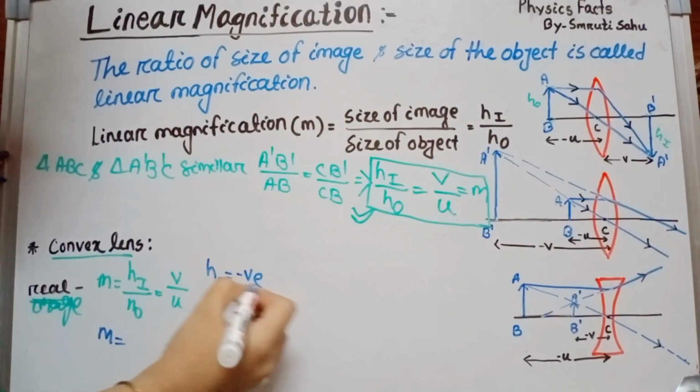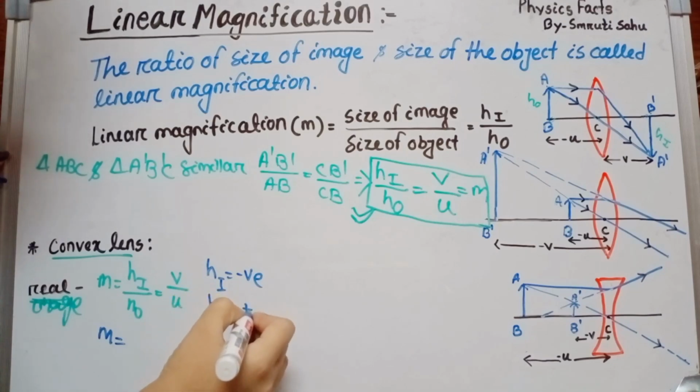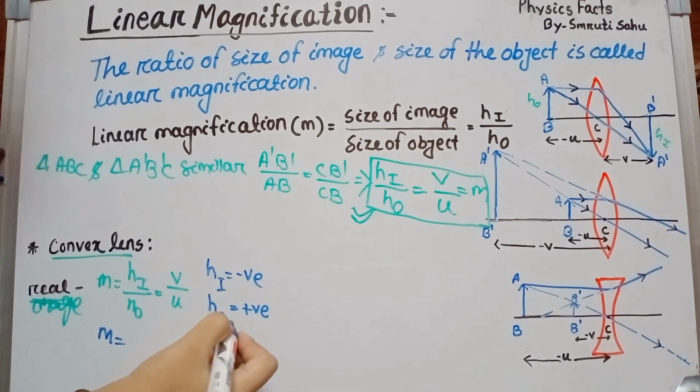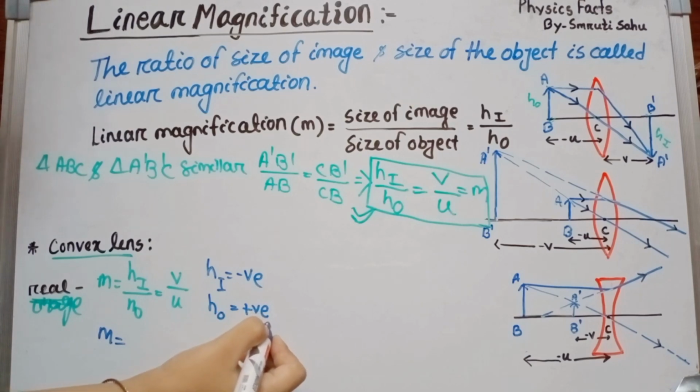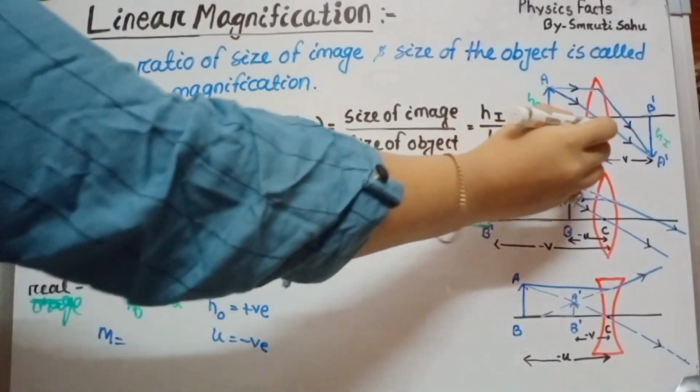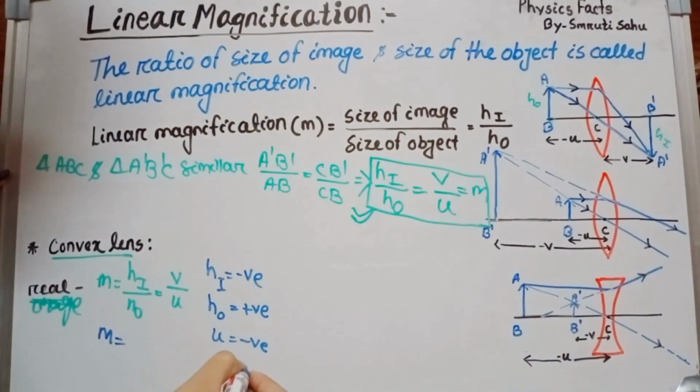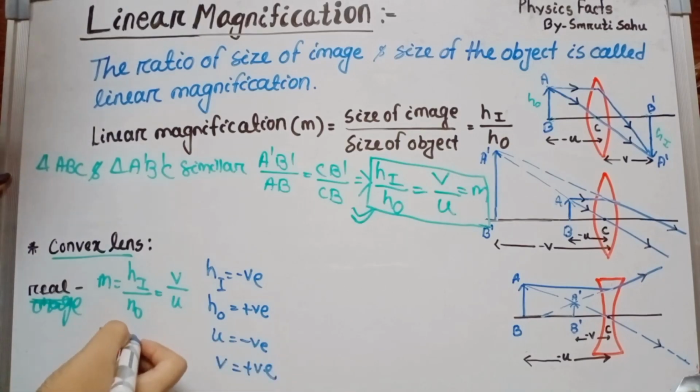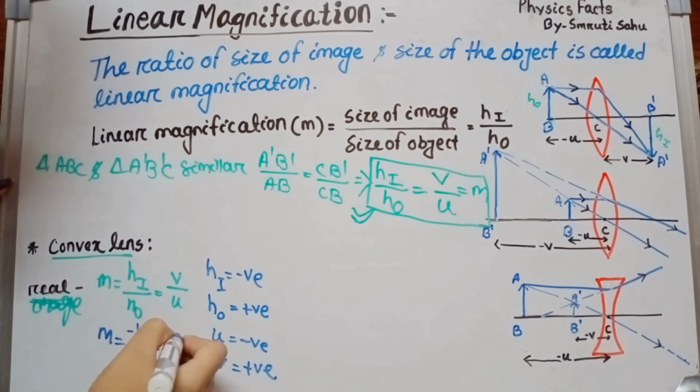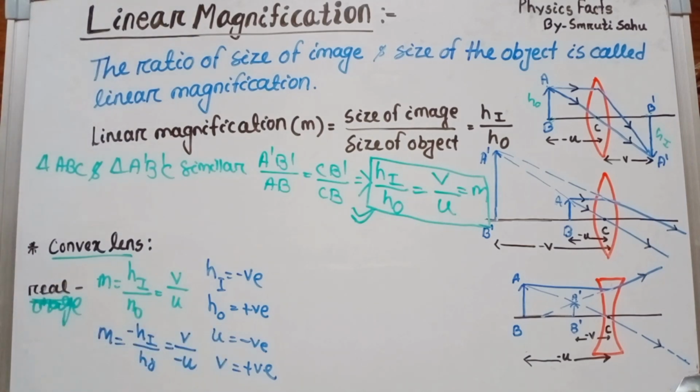HO, the height of the object, is above the principal axis, so it is positive. Object distance u is negative, left of the lens, and image distance v is positive. Putting all the sign conventions here, we get m equals minus HI by HO equals v by minus u.